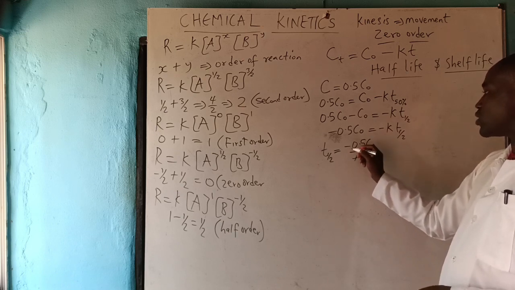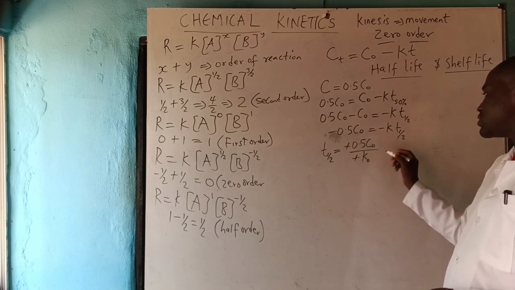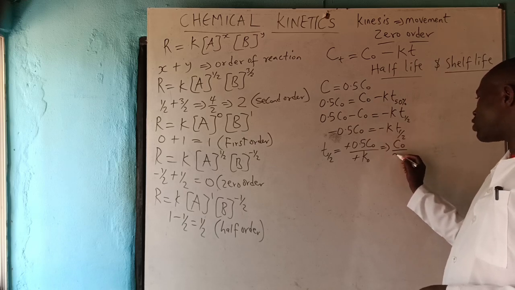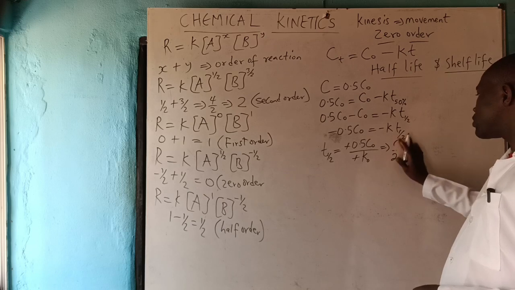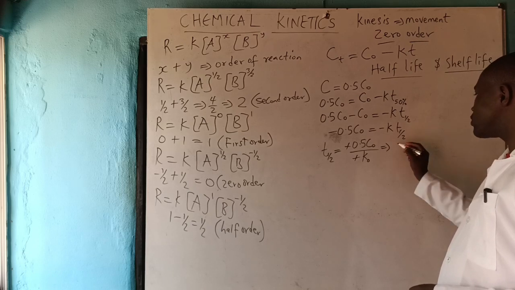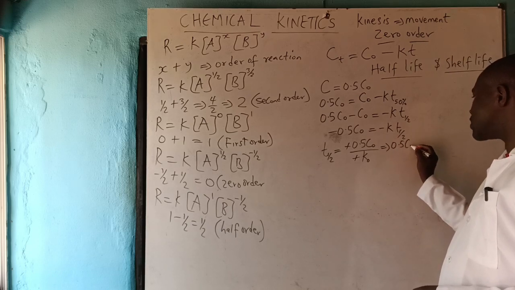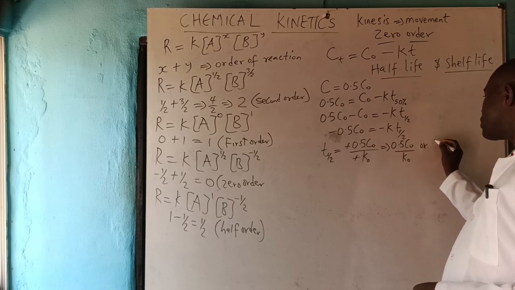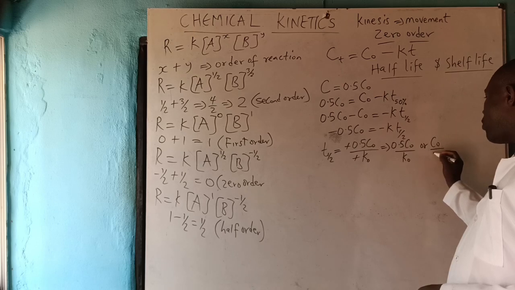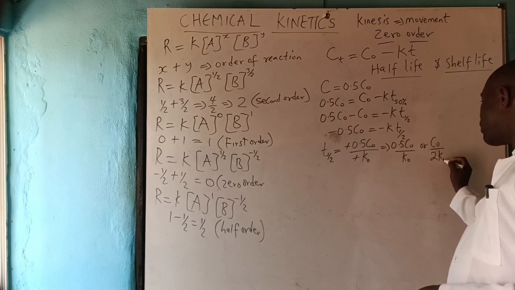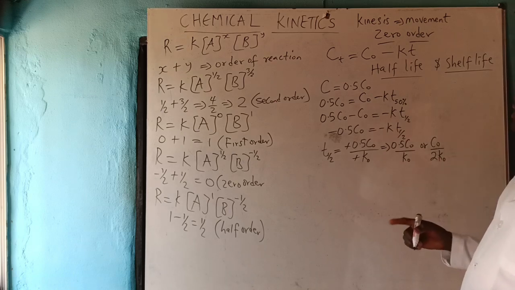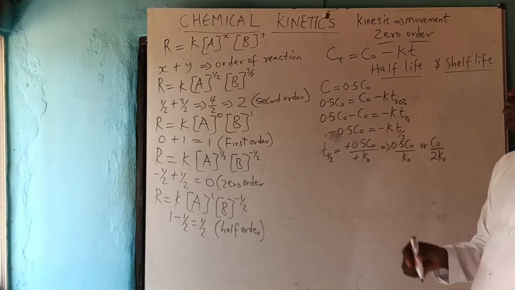And so minus will cancel this, right? And it's giving you C0 all over 2K0. Remember, this 0 we are putting to this K is telling you we are talking about zero order. Okay?